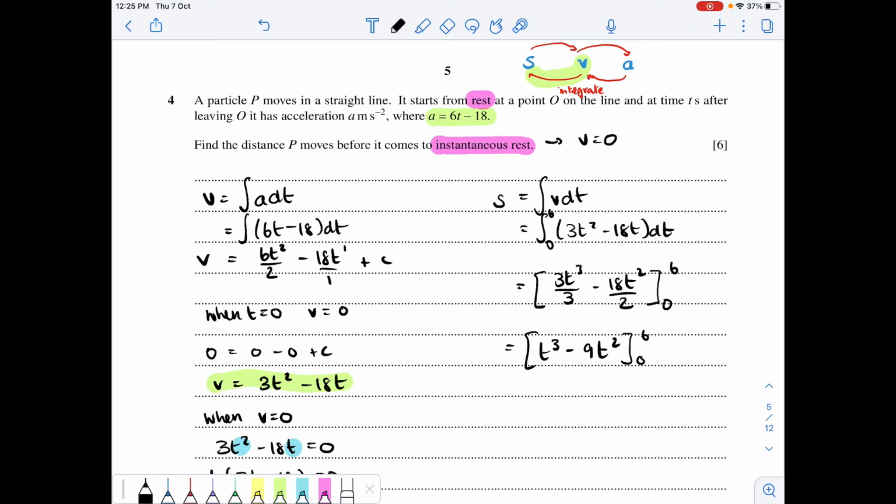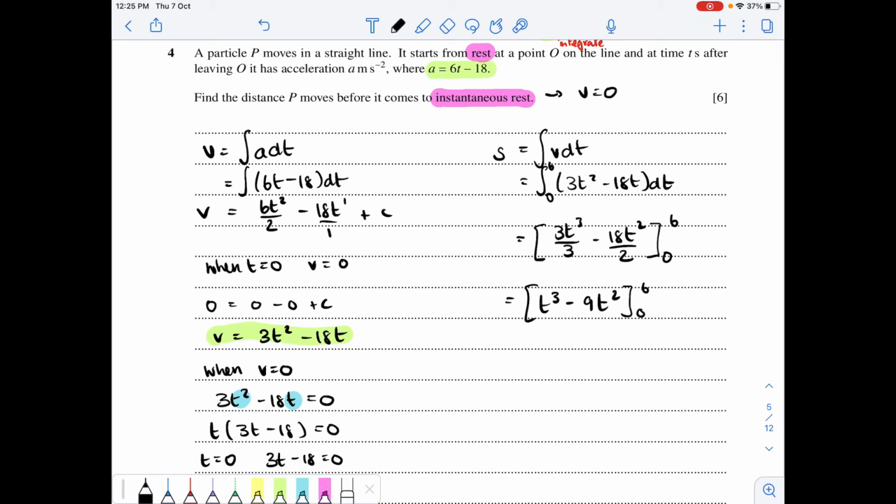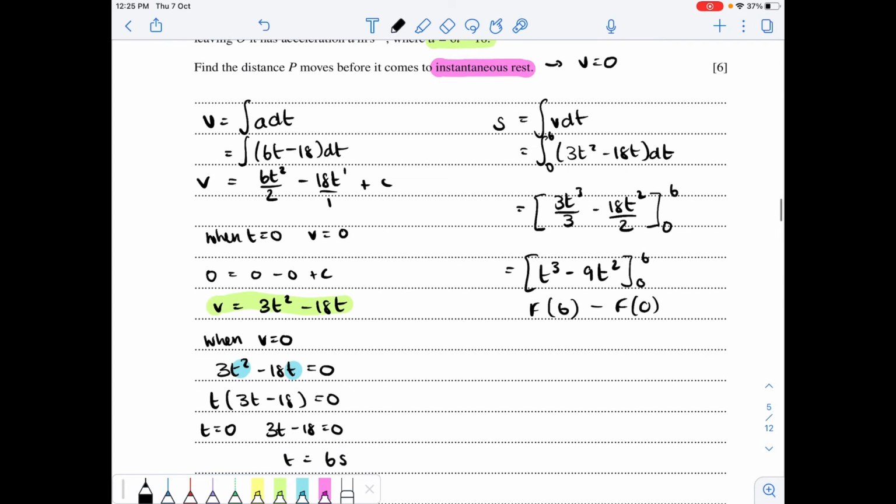Now all we need to do is take the difference between the upper and the lower bound. So basically we're saying f of 6 take away f of 0. The nice thing is I can see f of 0 is going to be nothing. So let's do f of 6 first. We have 6 cubed minus 9 times 6 squared, and we're going to take away 0 minus 0.